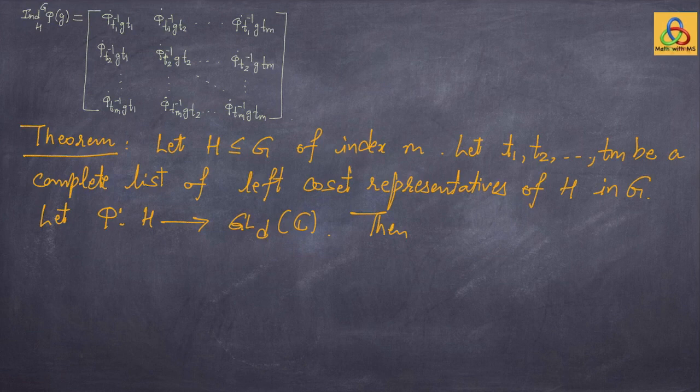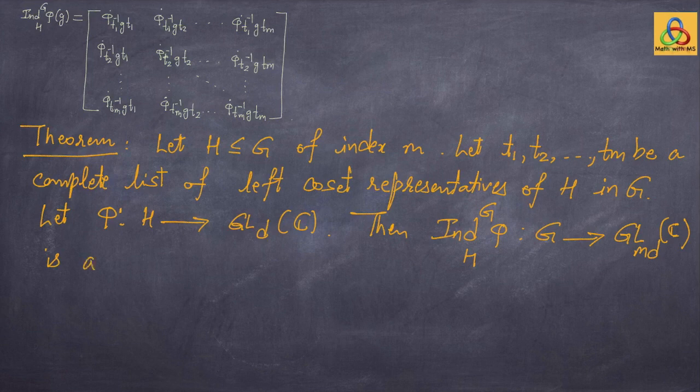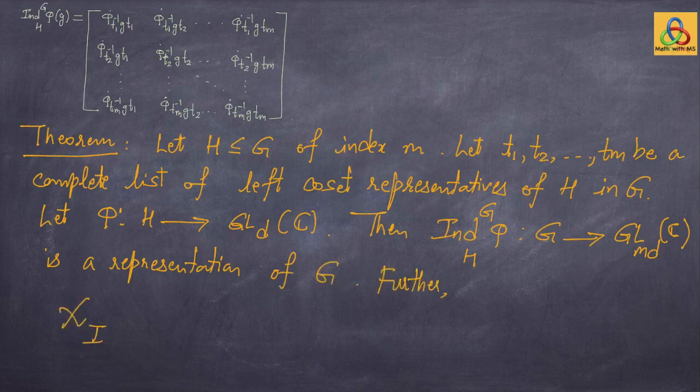Then this map, induction of phi from the subgroup H to the subgroup G, which I define as a map from the group G to GL_{md}(C), is a representation of the group G. Further, the character of the induction of phi from H to G is, as you can guess, the induction of the character of phi from H to G.